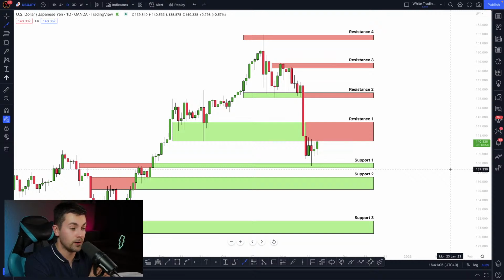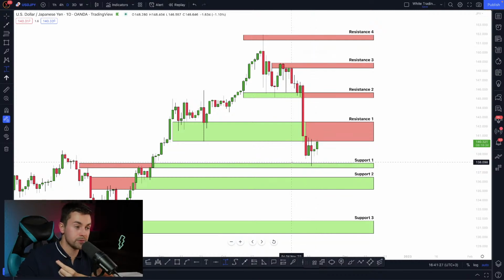And the structure analysis here is very important because the fact is that at the moment, dollar yen is stuck between two structures. From one side, we have a very wide and strong resistance. And from another, we have a tiny little support. So at the moment, we are trading within that range.